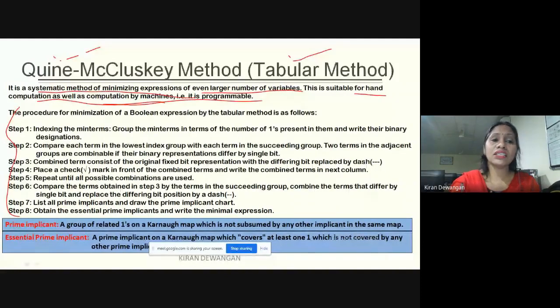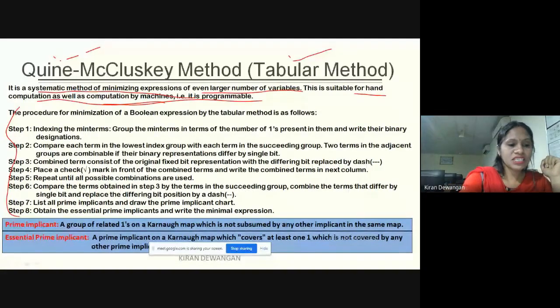The K-map method is very good for 3 to 4 variables. But if you are going beyond 4 variables, like 5 or 6 variables, it becomes very difficult. So we make use of the Quine-McCluskey method if you have a larger number of variables.